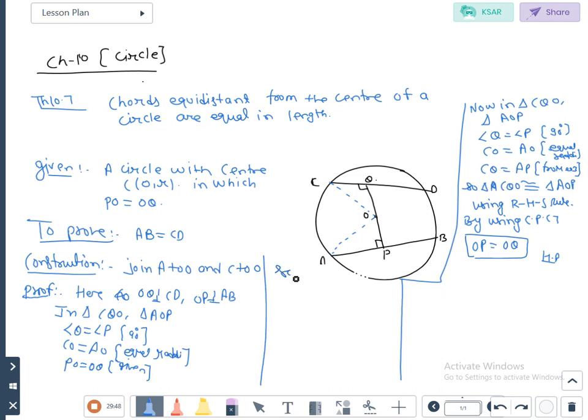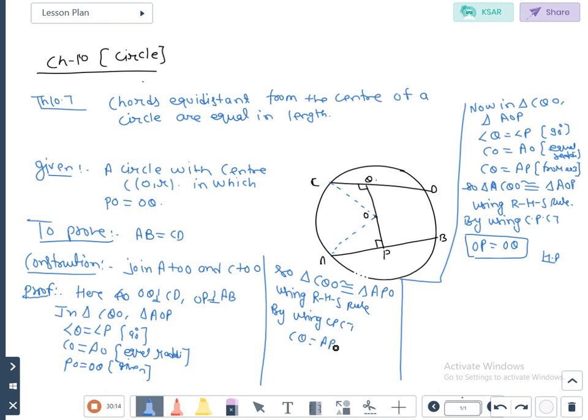So triangle CQO is congruent with triangle APO using the RHS rule. By using CPCT, CQ is equal to AP.